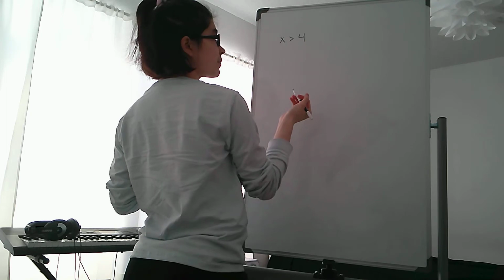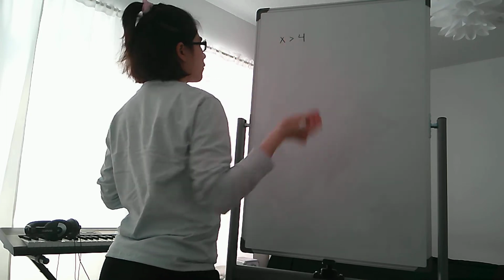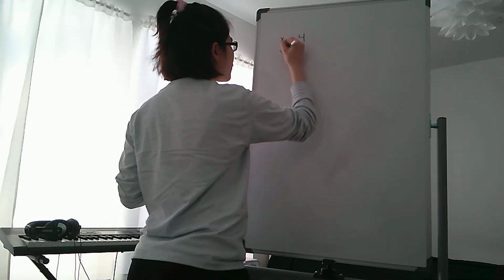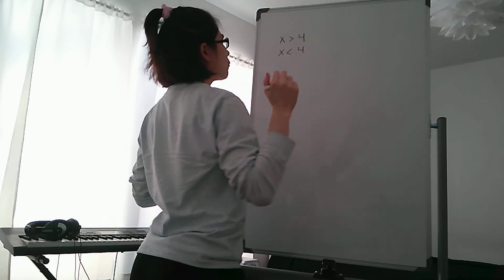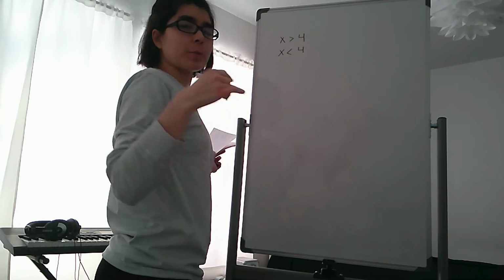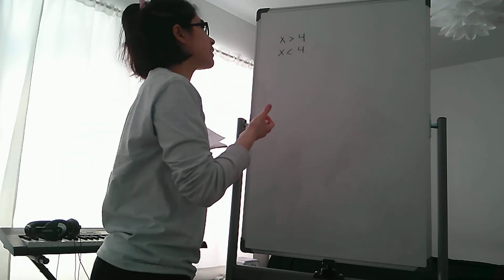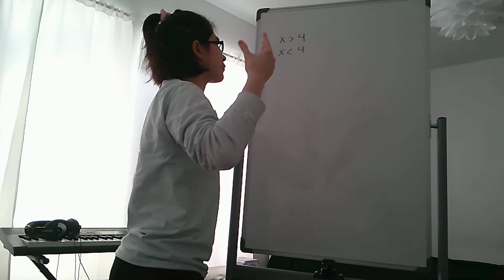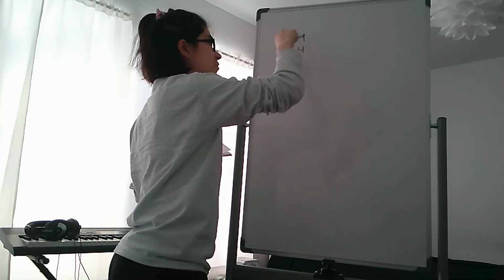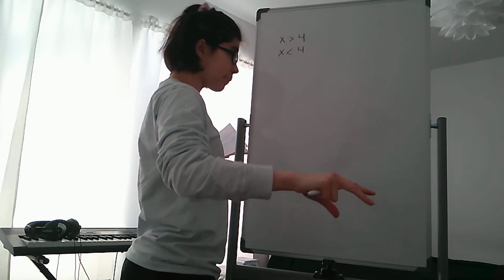Okay? X is greater than 4. And maybe for a lot of you this is just really basic knowledge, but the one way I was able to remember it when I was a little kid learning this stuff is that you imagine this is like a fish or a shark or something. You just imagine that's its mouth and it wants to eat the bigger number, right?